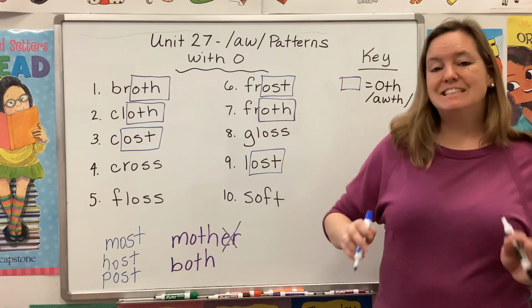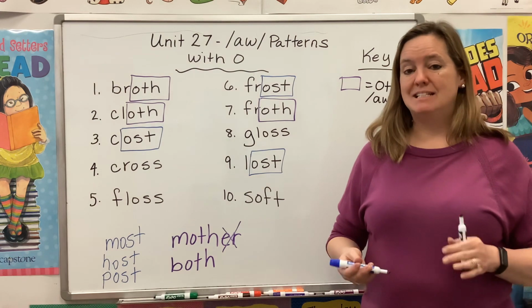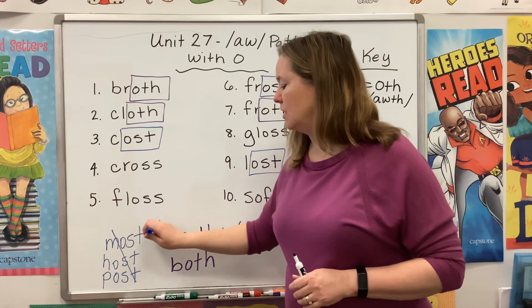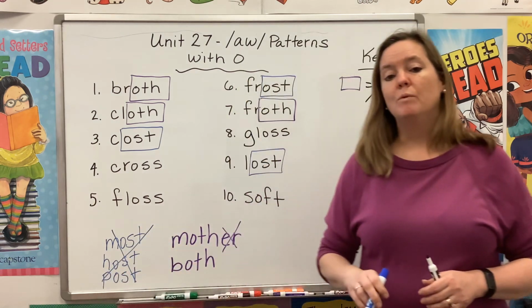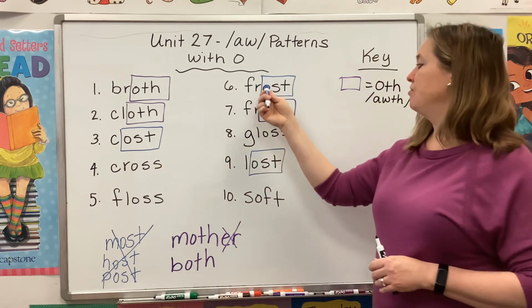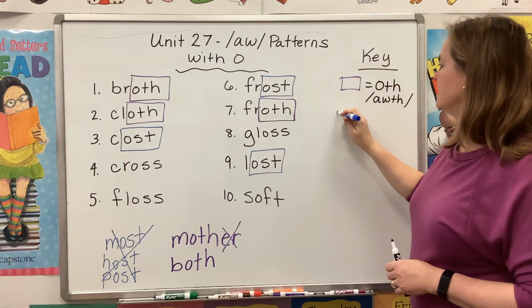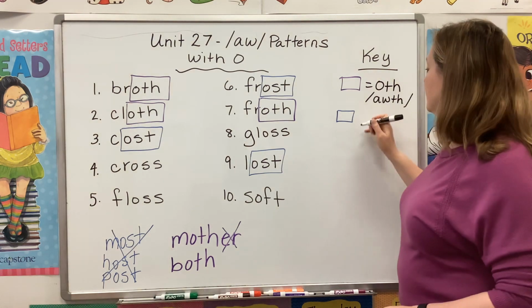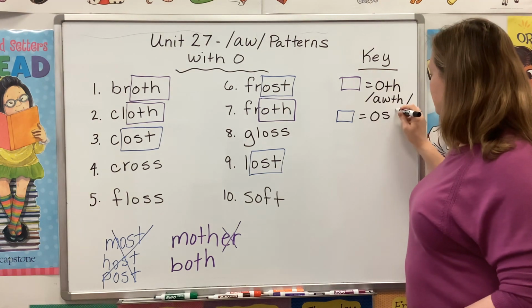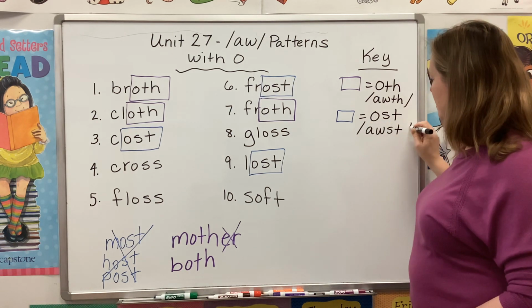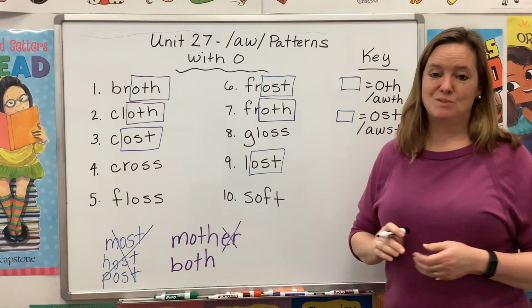So that OST pattern can make different sounds. This week, instead of focusing on the long O sound, we are focusing on the aw sound in cost, frost, lost. So over here, blue box equals OST, and that's going to make an AW-ST sound. That's going to have 3 sounds in it.